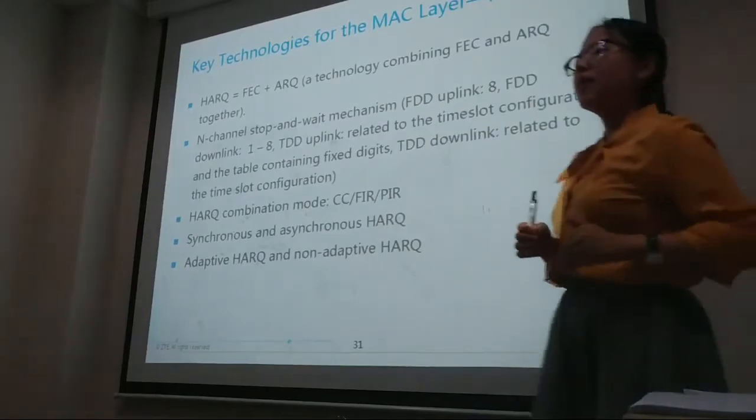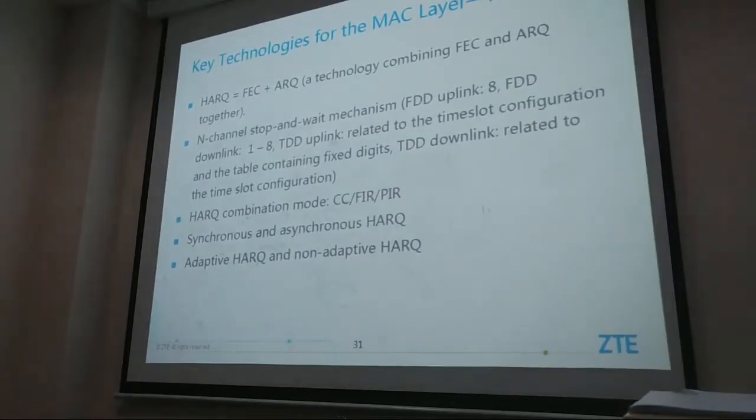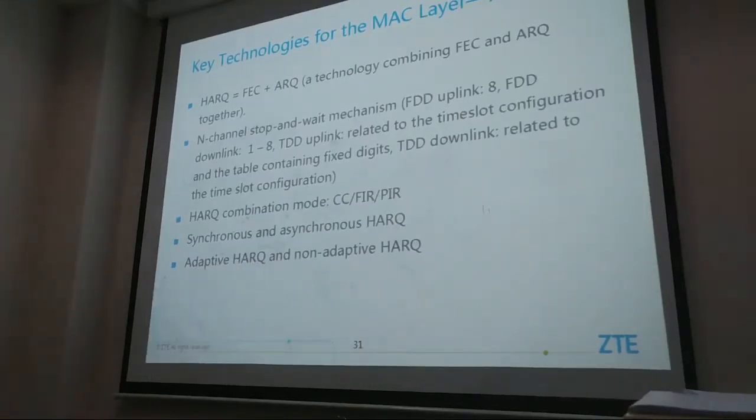For the MAC layer, a very, very important function is the HARQ procedure. HARQ is to detect the error, right? It not only detects the error, it can also correct the error. So HARQ contains two parts.